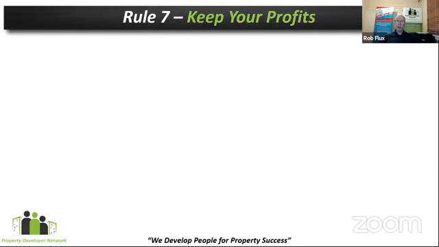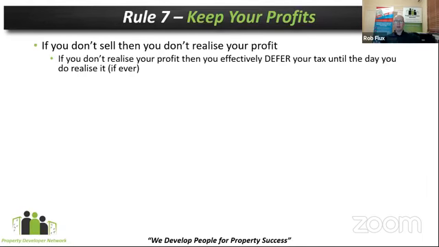So how do we actually get that financial freedom? Well, it's all about keeping our profits. This is rule number 7. Rule number 7, if we can keep our profits, folks, then we have massive advantages on a whole bunch of fronts. So if we don't sell our profits, then we don't actually realize our cash. And if we don't realize our cash, then effectively we are not being taxed on the income it actually generates.